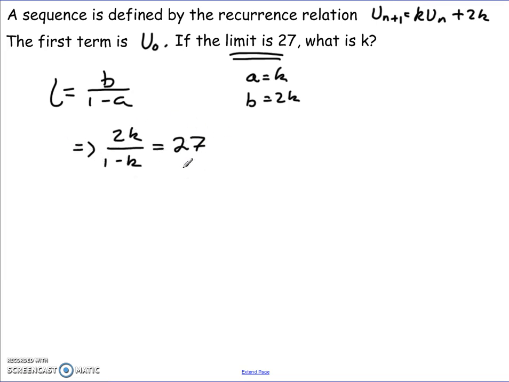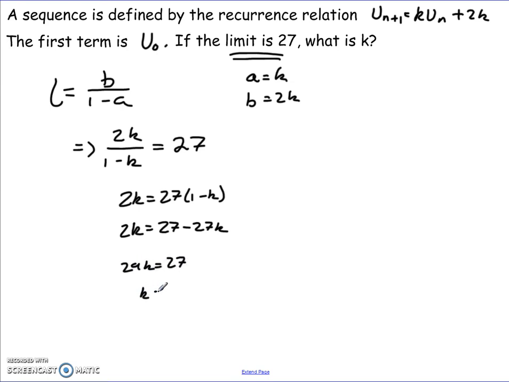Now this sort of equation here, you should be able to do that from S2 type maths. So we then end up with 2k equals 27, bracket 1 minus k, multiply out the bracket, 2k equals 27 minus 27k, 29k equals 27, k equals 27 over 29.